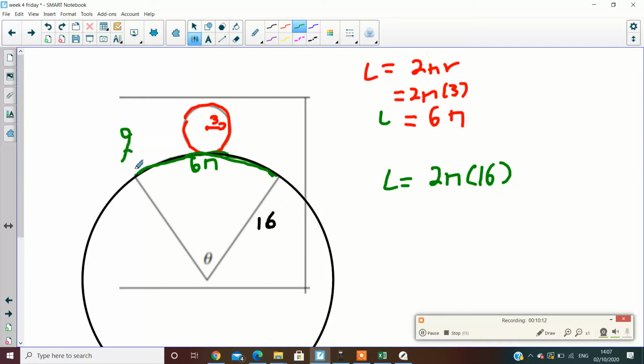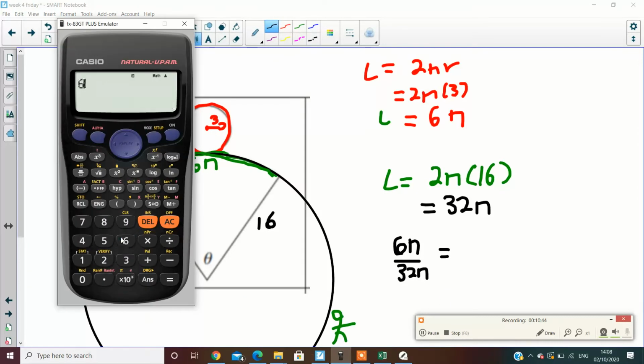If you were to run a lap of the big circle, what distance would you cover? 2π times 16, which is how much? 32π. What fraction of the circle do you actually have? You have 6π divided by 32π. So what fraction is it? Just put it into the calculator. What's 6 over 32? 3 over 16.